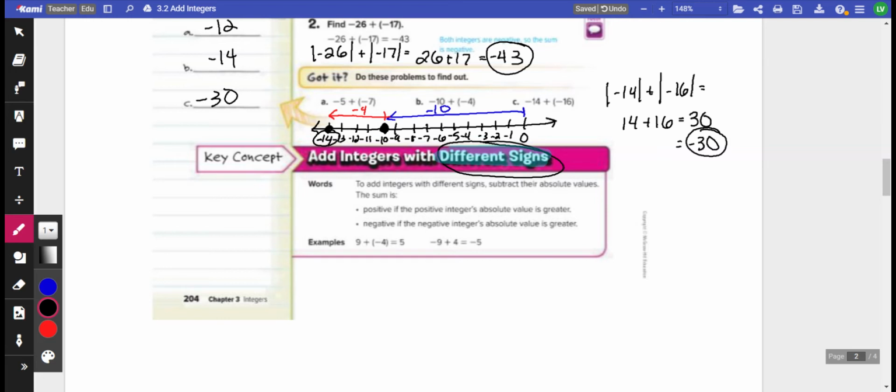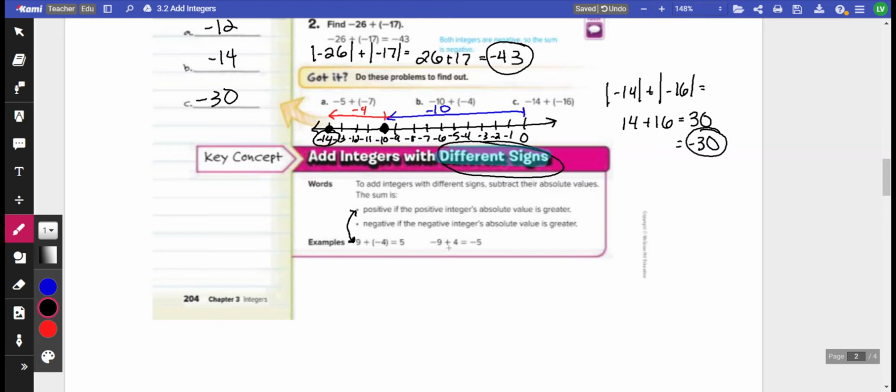It's negative if the negative integer's absolute value is greater. So some examples. 9 plus negative 4 equals 5. So this is an example of the first one. 9 is a larger positive number. 9 is the larger absolute value, and therefore it takes on the positive sign.